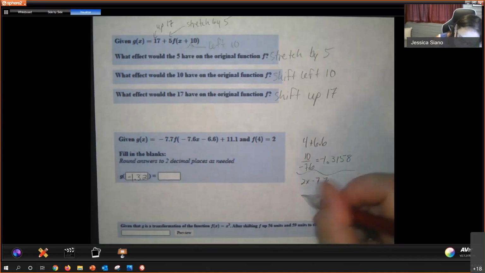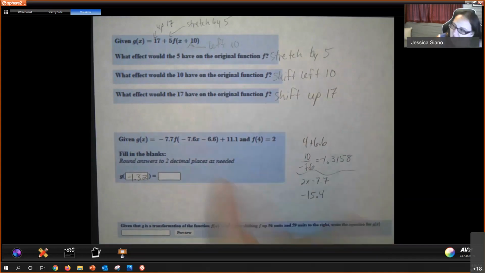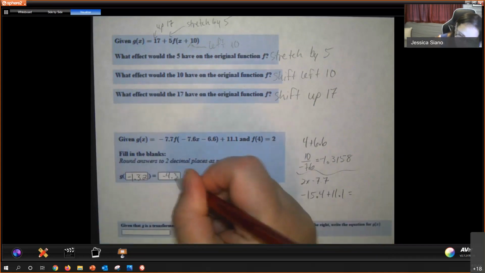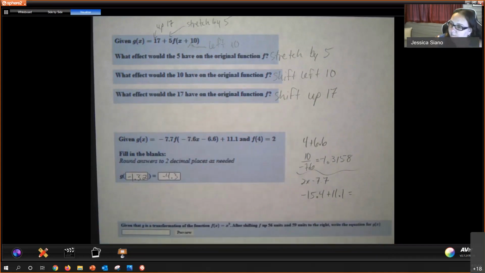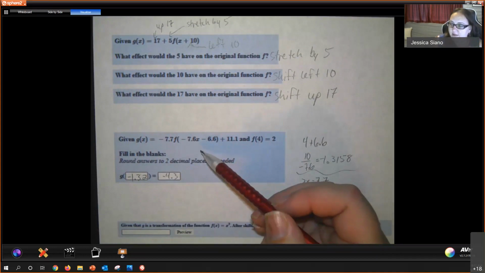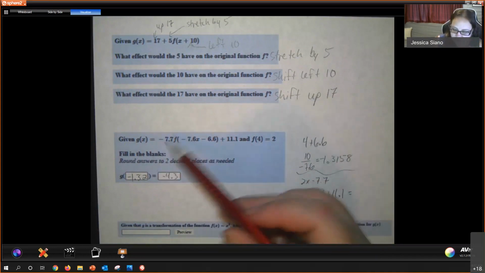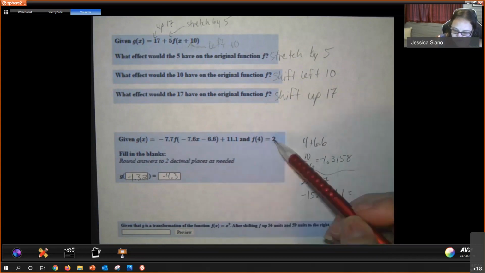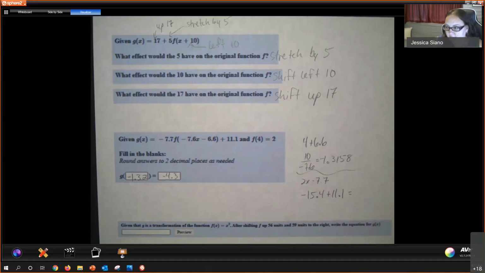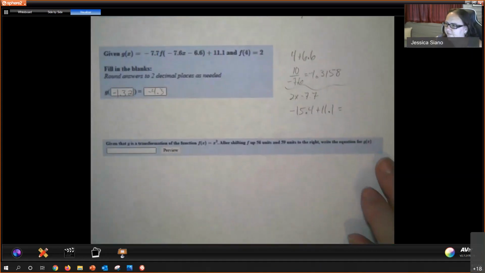That's negative 15.4. Then I'm going to add 11.1. Okay? So on the inside, you're going to do everything the backwards of what you expect. And on the outside, you're going to do everything exactly as you see it. So for your x, you do the opposites, and for your y's, you do what you see. I hope that helps.